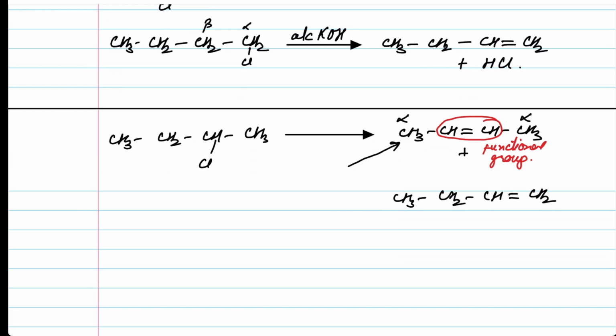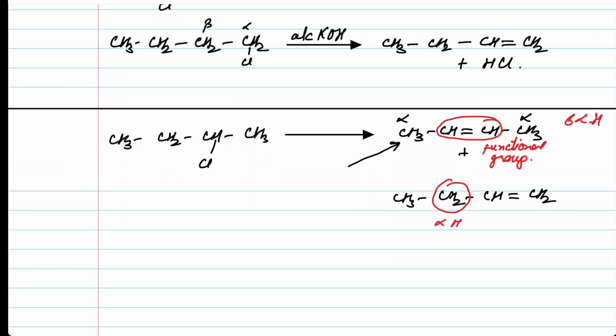We find this is a more alkylated alkene. In this case, we have only two alpha hydrogens, and in this case, we have six alpha hydrogens. The first alkene is more hyperconjugated. The first alkene is more alkylated.